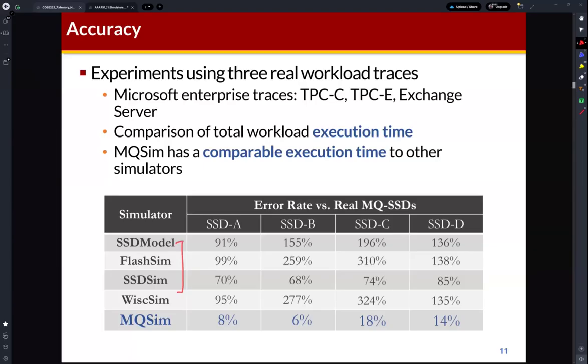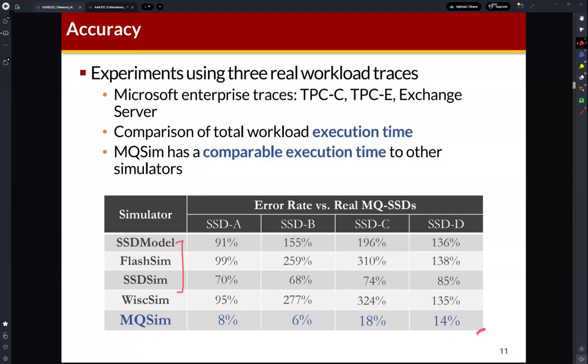So the simulator needs to reflect some real behavior of the hardware devices, right? Which means simulator papers also need some accuracy information, which means how simulators can reflect some real behavior of other devices.